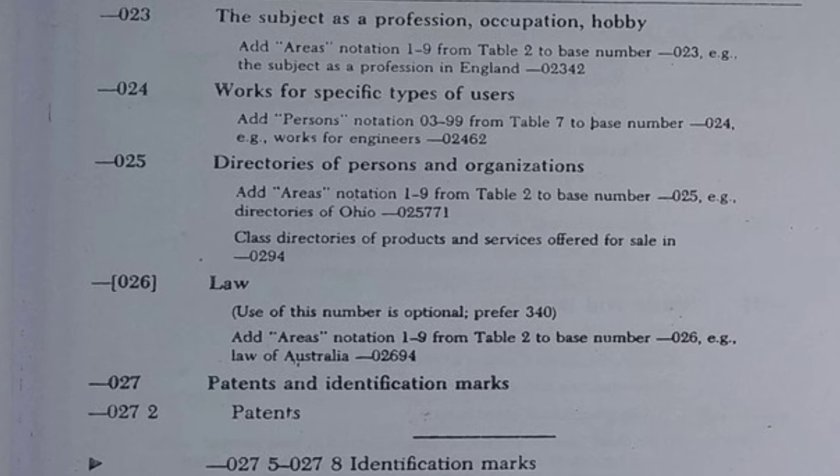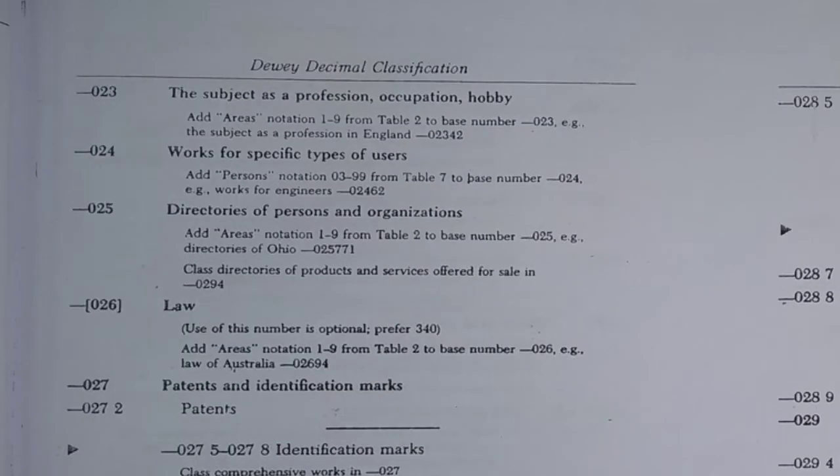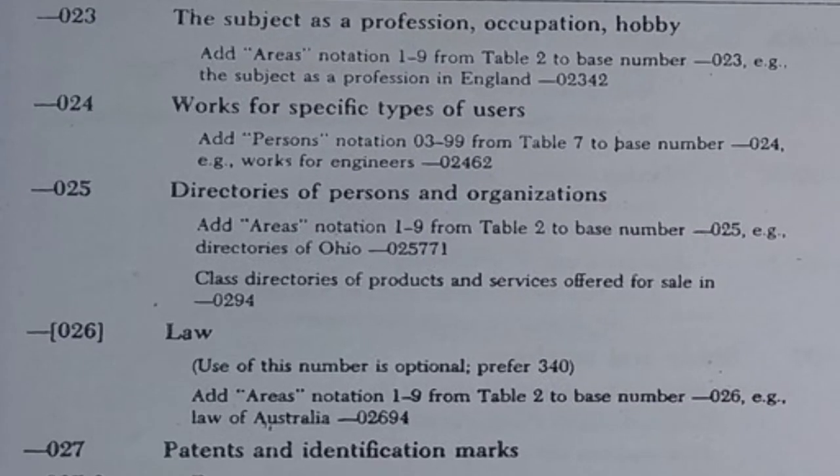That is why there is a dash. But this 0, in every notation you will see a single 0. This 0 is actually the connecting digit between the main class and the notation of standard subdivision. It is already given here, but actually this 0 is the connecting digit, a single 0.